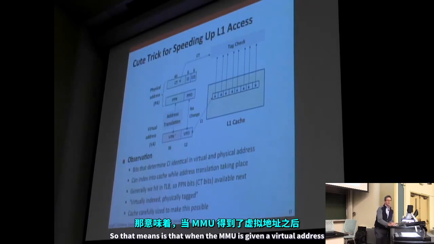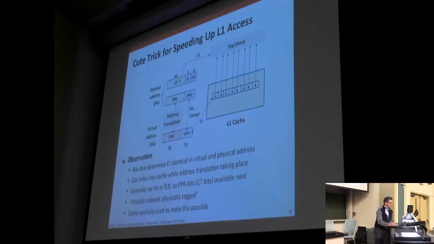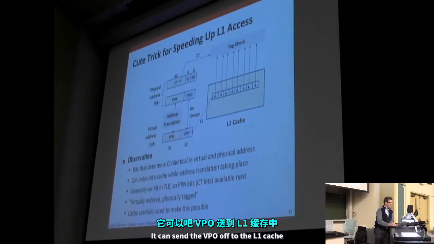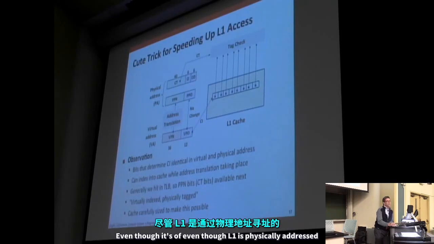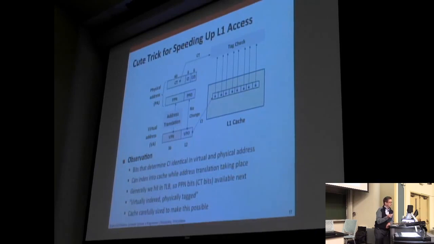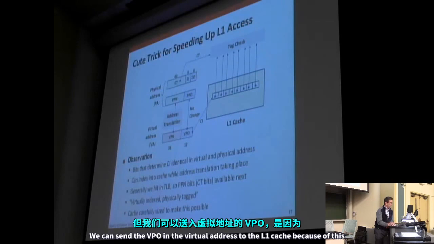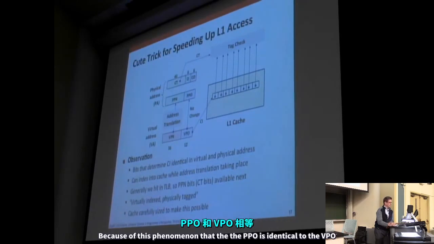So what that means is that when the MMU is given a virtual address, it can send the VPO off to the L1 cache, even though L1 is physically addressed. We can send the VPO in the virtual address to the L1 cache because of this phenomenon that the PPO is identical to the VPO.